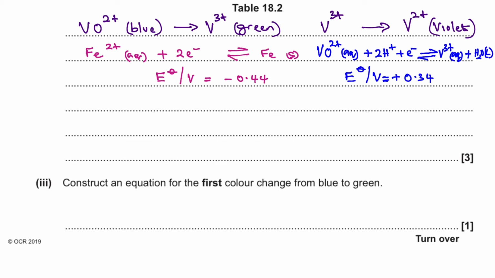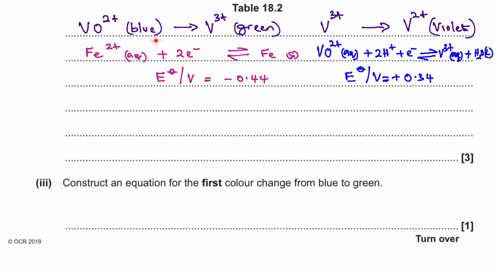Right, because this is reduction potential, it's going from 2+ to 0. So that's reduction. From the table of redox systems, we're looking for number 2 and number 4. This is number 4, and this is number 2.